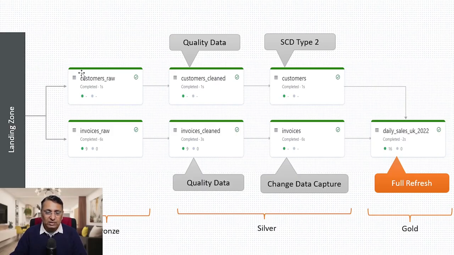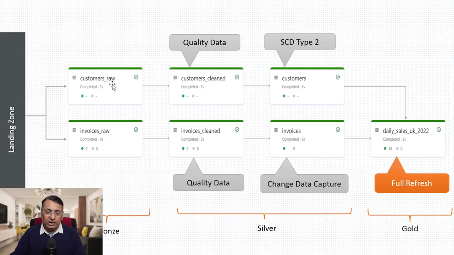So let's work with the customer data set first. The customer data set comes into the landing zone. We want to build a pipeline which reads data from the landing zone and fills it into the customer's raw table. The customer's raw table is our bronze layer table. It is supposed to capture raw data as it arrives, so no transformation is needed.